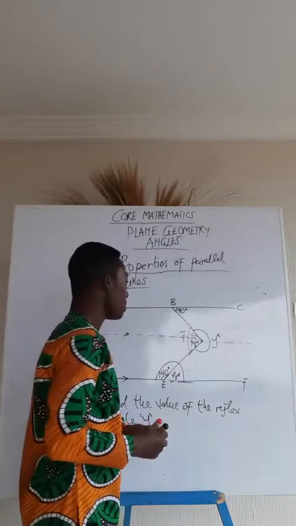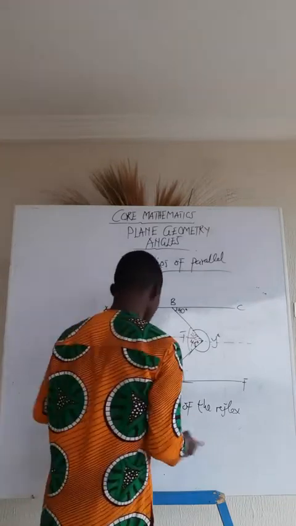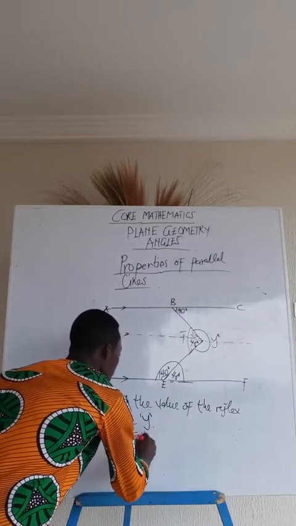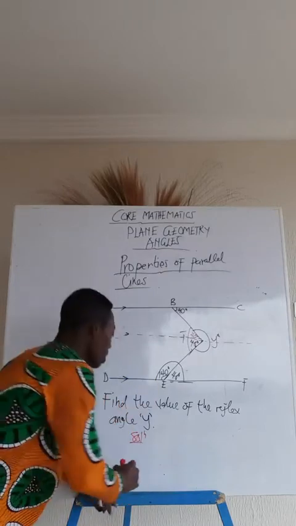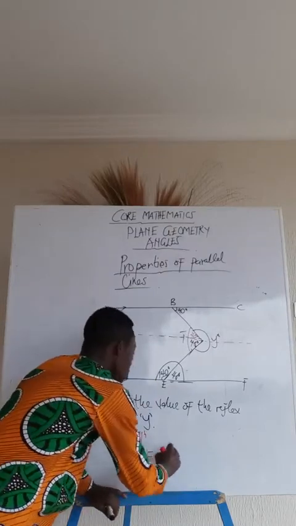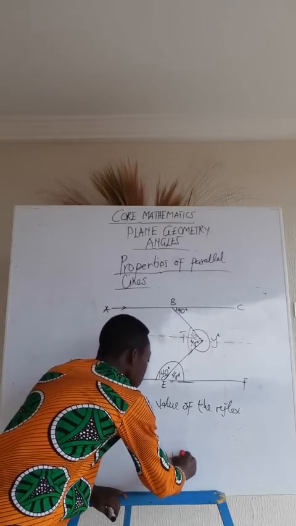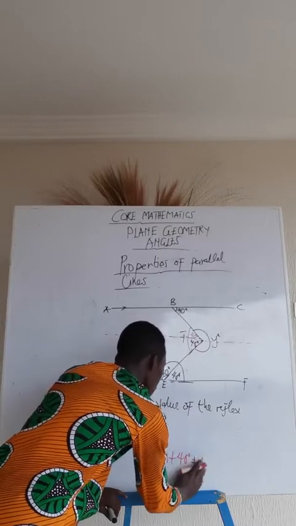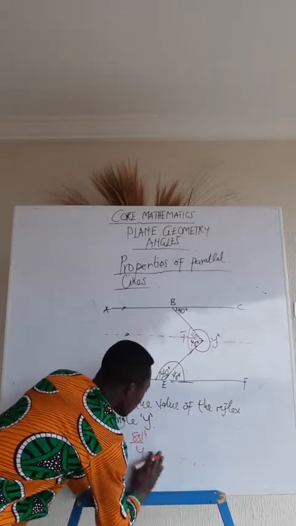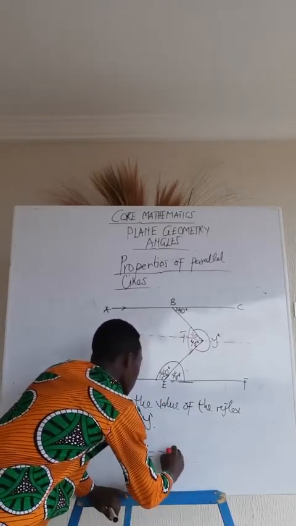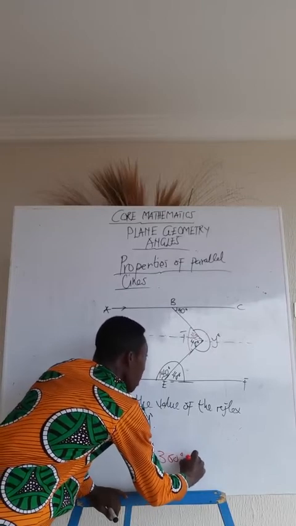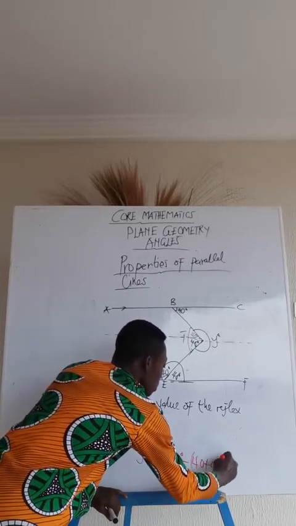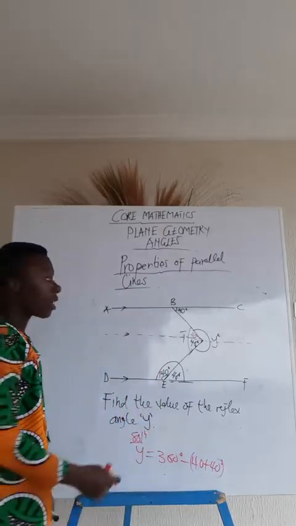Therefore, my solution: I can say that y is equal to 360 degrees minus (40 plus 40).